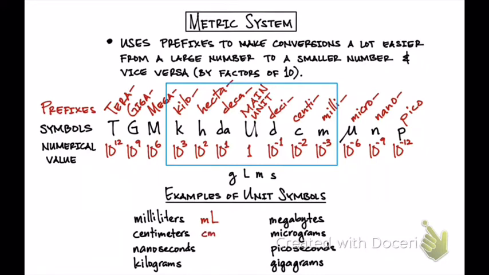Nanoseconds would be lowercase ns. Kilograms would be kg. Megabytes would be capital M, lowercase b. Micrograms would be the symbol for micro, which is the letter U, and then g for grams. Picoseconds would be lowercase p and lowercase s. And gigagrams would be capital G, lowercase g. So Gg.